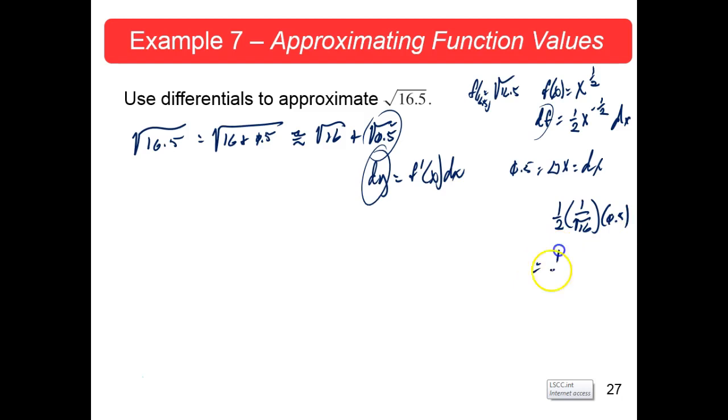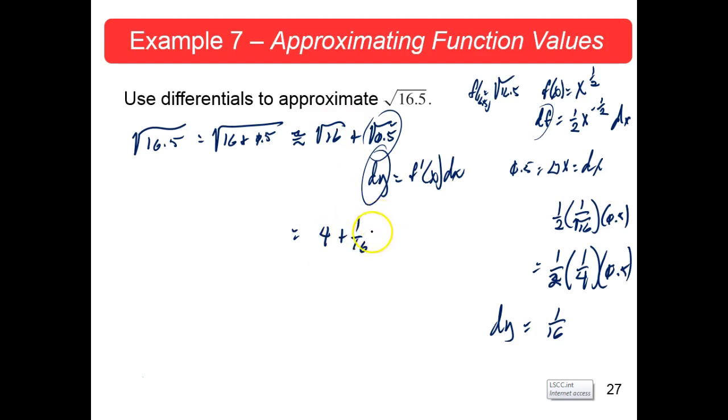Okay, so it would be 1/2 of 1/4 times 0.5. So this would be half of 1/8, which is 1/16. Okay, I'm doing the math fairly quickly there. Hopefully it's not too bad. So that is your dy. So this would be 4 plus 1/16.